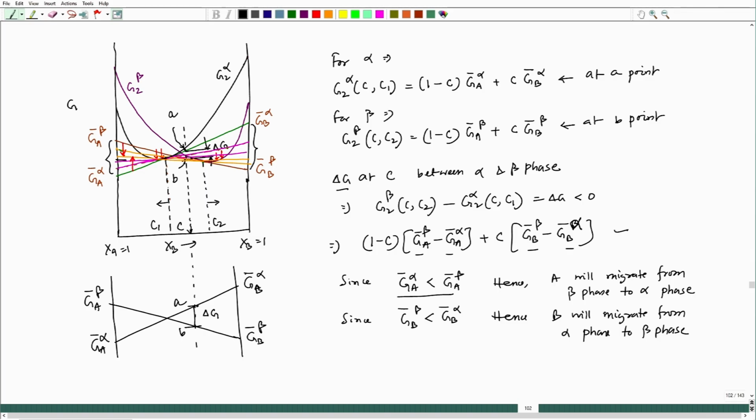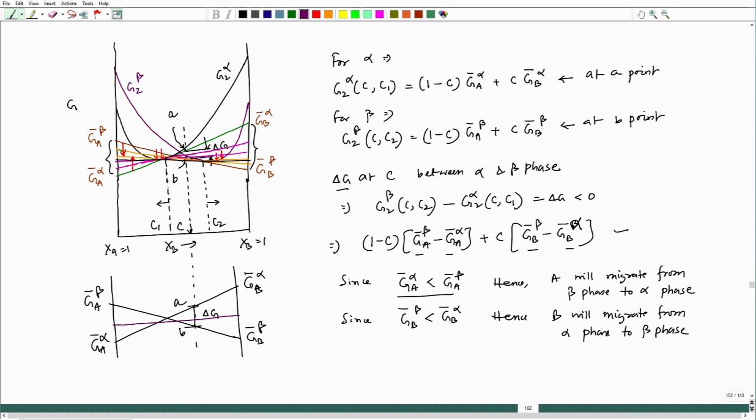So, that will be the same tangent. Okay. That switch will be such that finally there will be a common one between both the phases. Okay.